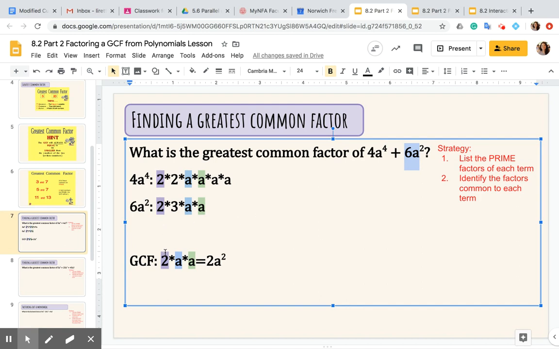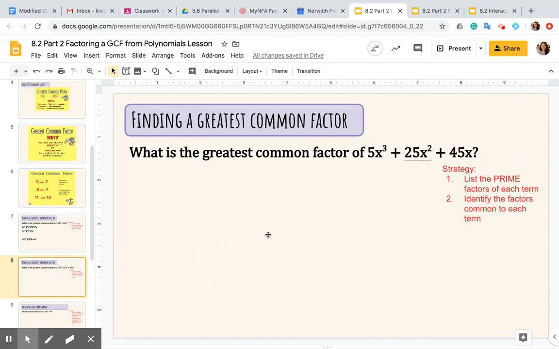They each had a 2 that was common, and then they also had 2 A's that were common. Anything else that was left over that didn't have a matching pair did not get listed as part of my GCF. Okay, I only took one copy of each thing that was common. So I had a 2 that was common, I had this A that was common, and I had a second A that was common. I multiplied it all together, and that was my GCF.